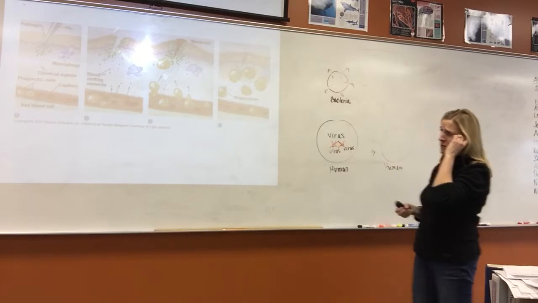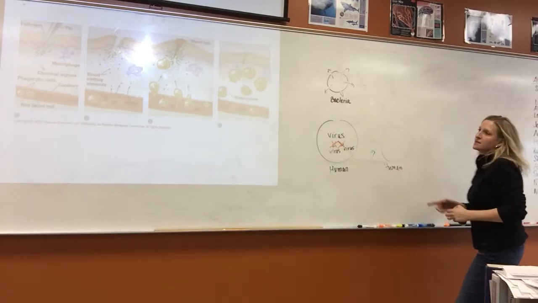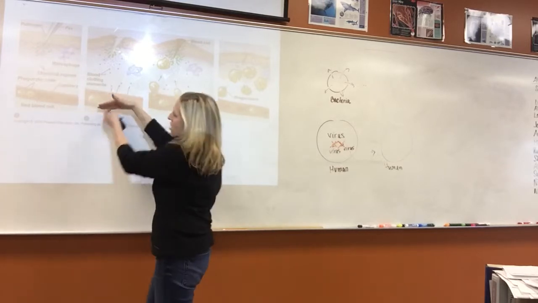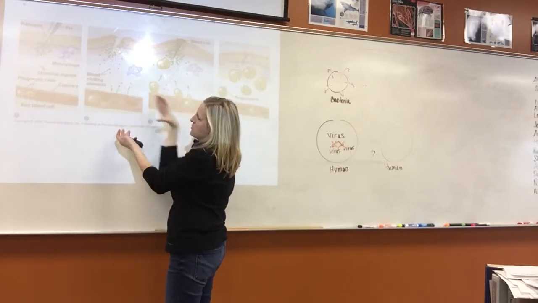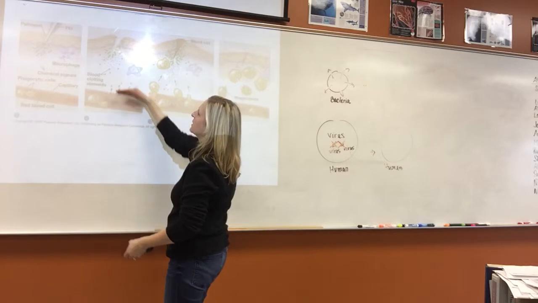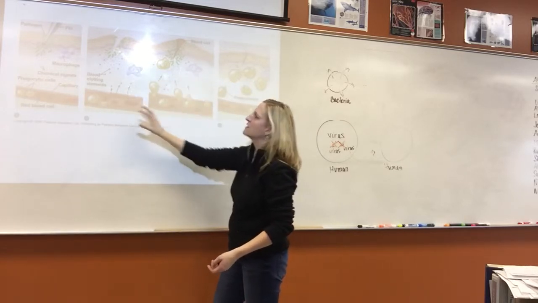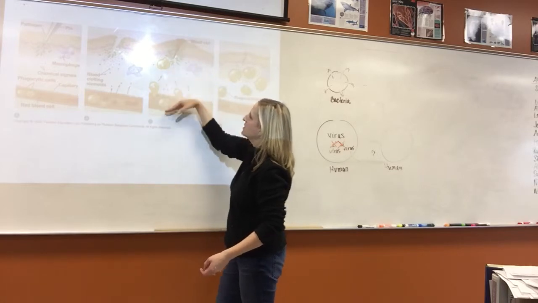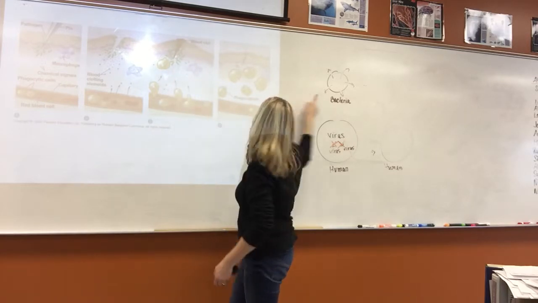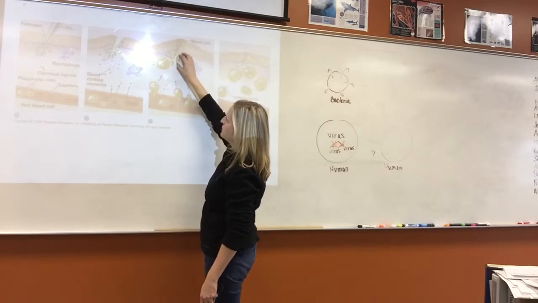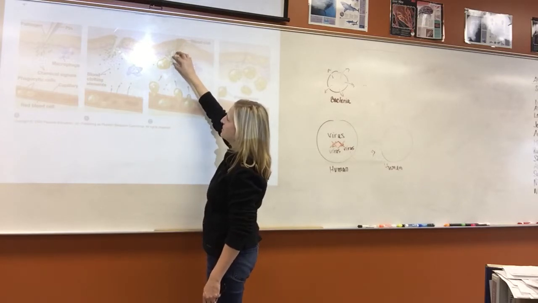So your inflammatory response, remember, was the cells release histamine, which causes your blood vessels to dilate, more blood to flow, and then increases the leakiness of your blood vessels. So these phagocytic cells, blood clotting elements, they'll cause it to clot. Antimicrobial proteins leak out, and the antimicrobial proteins begin to act on the bacteria.